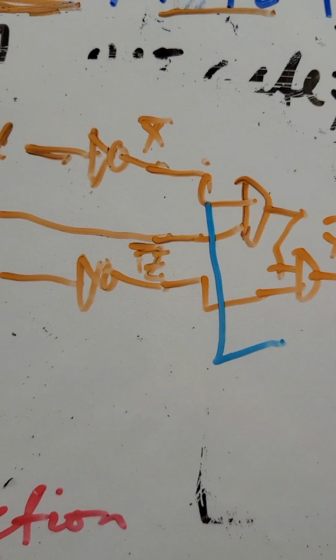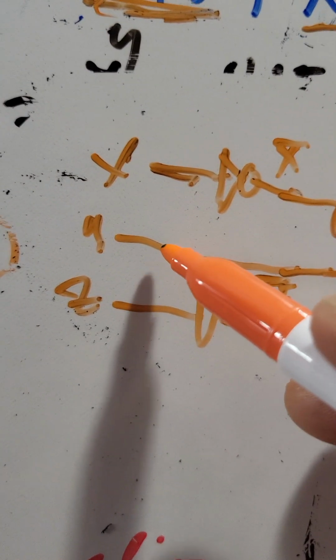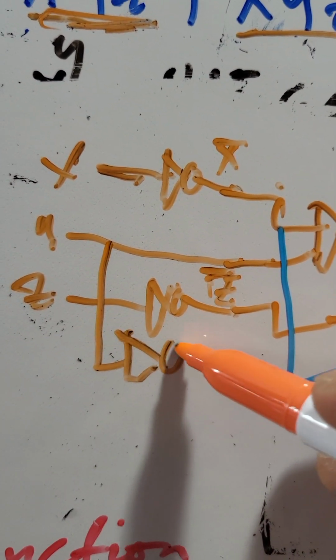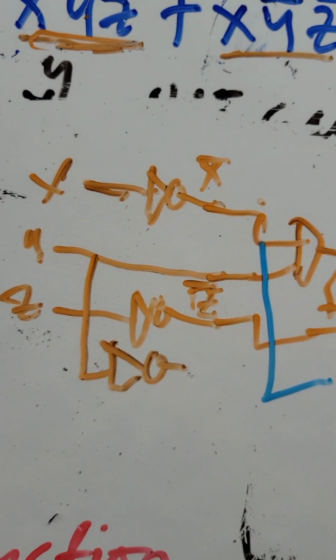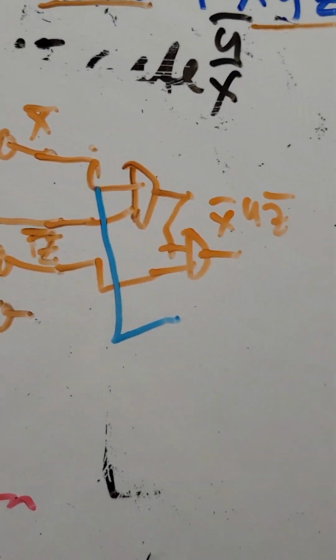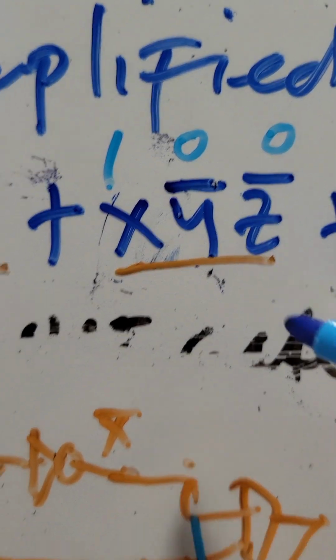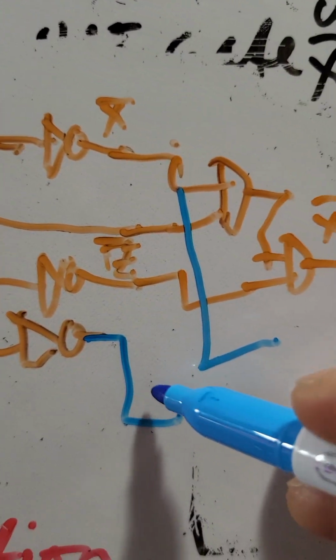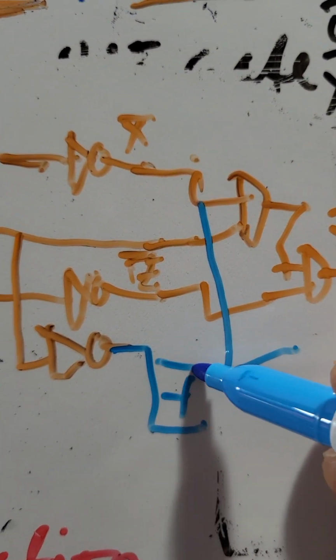So by this time you have to make another NOT gate for the y bar. Then x, y bar. So this is y bar.